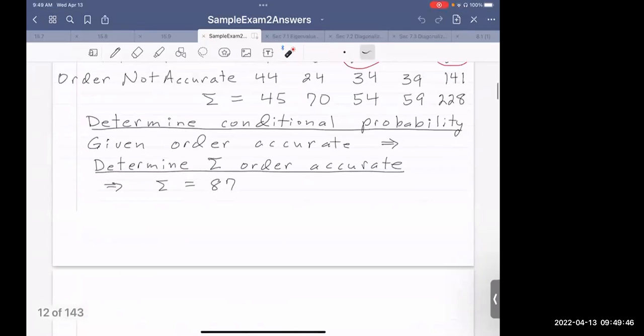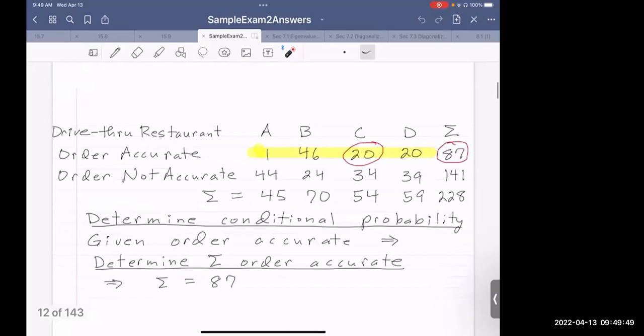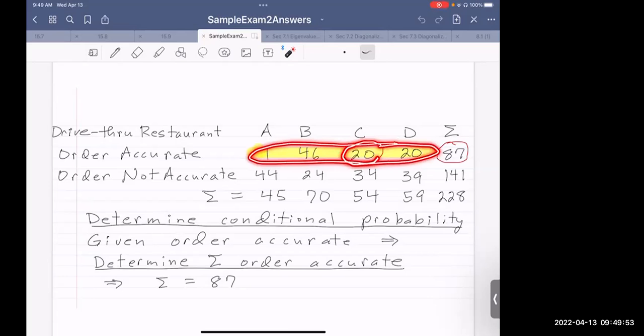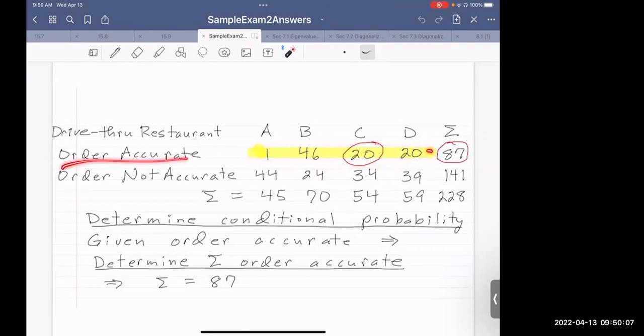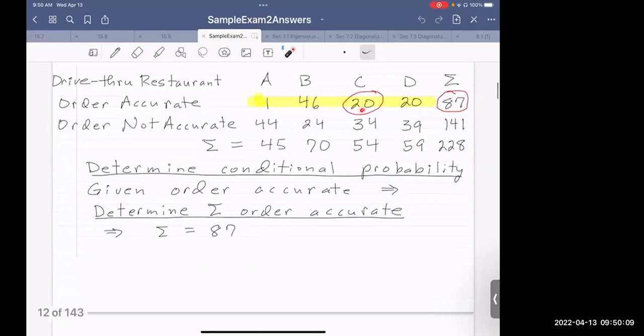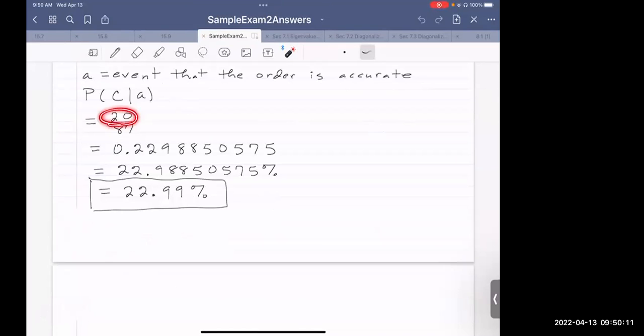I restrict my sample space to only those from restaurant C. So there will be 20 out of 87, because I've restricted my sample space to only those where the order is accurate. 20 out of 87 is 0.2298850575.